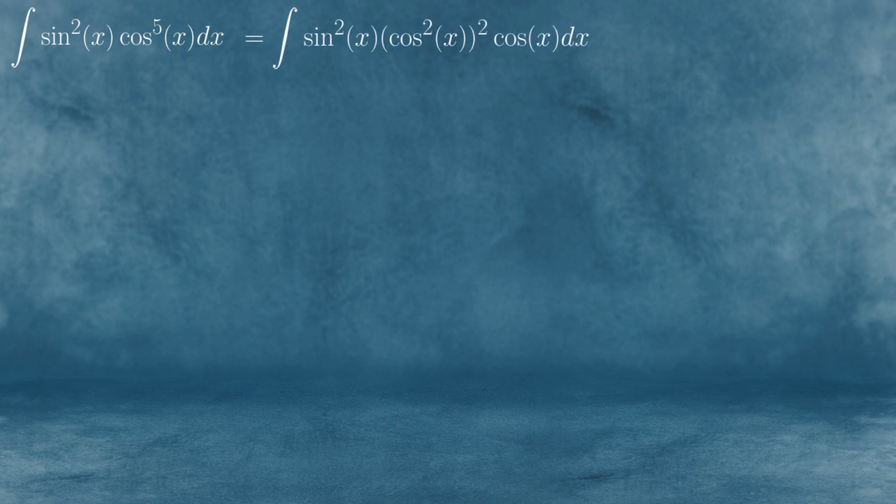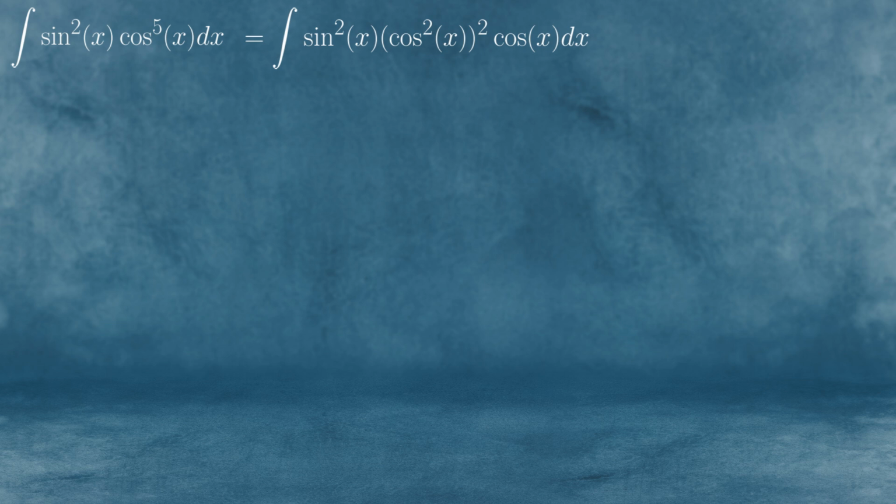Let us consider the integral of sine square of x times cosine to the 5 of x dx. Now we're going to rewrite the expression regarding cosine of x. And now we are going to have the integral of sine square of x times cosine square of x squared times cosine of x dx.